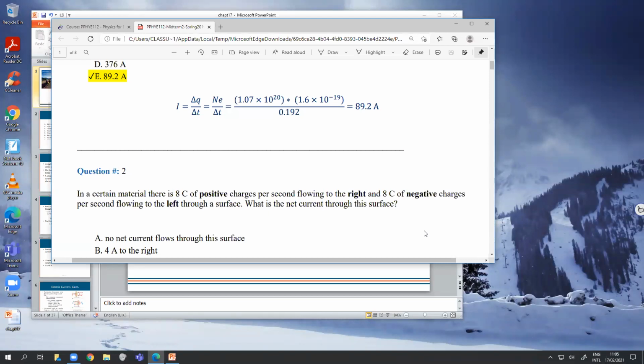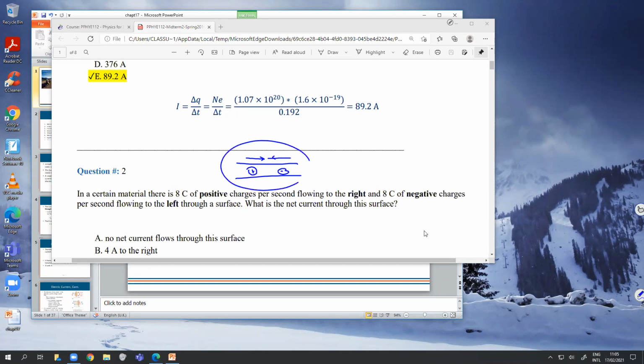Can you repeat the scenario, please? All right, okay. Let me draw it. Say we have a proton moving to the right and an electron moving to the left at the same time.